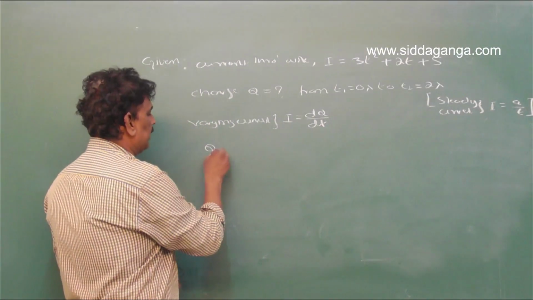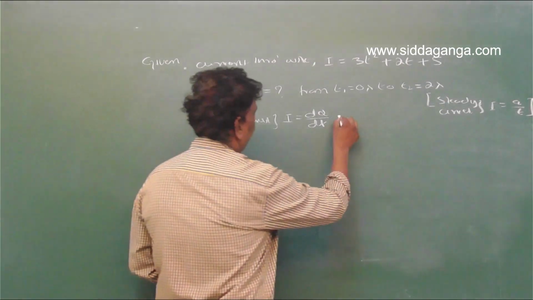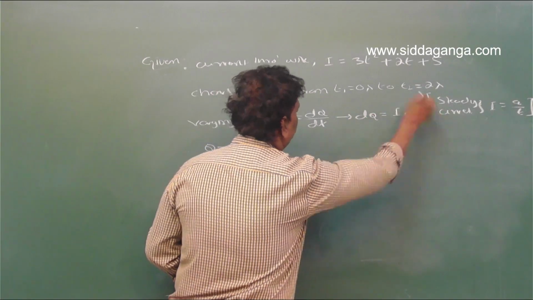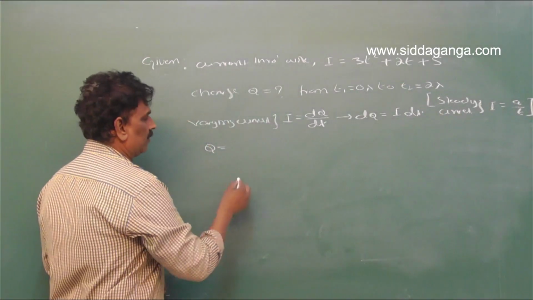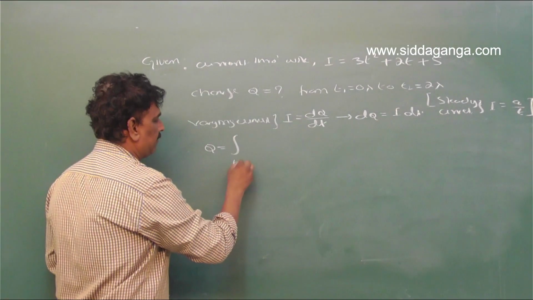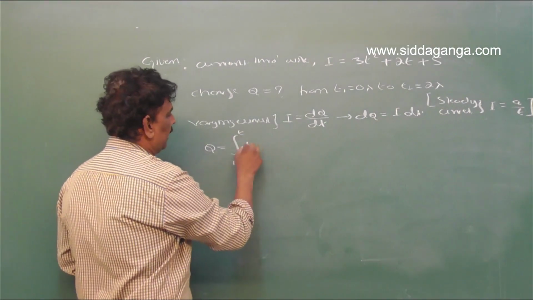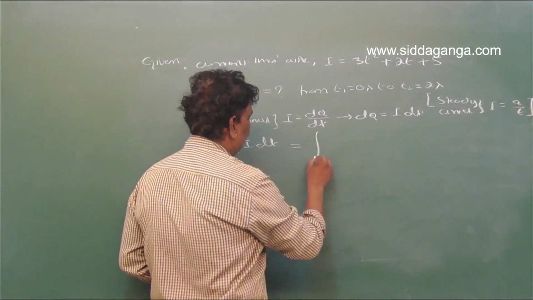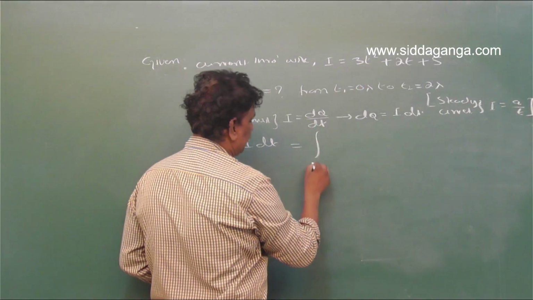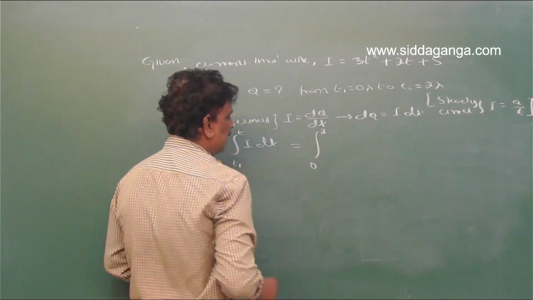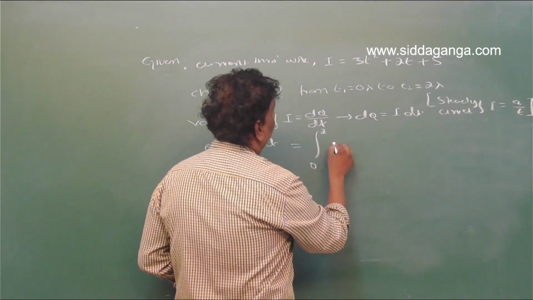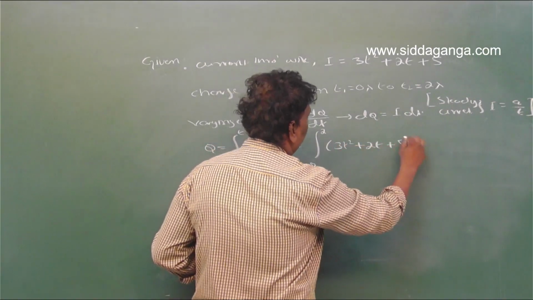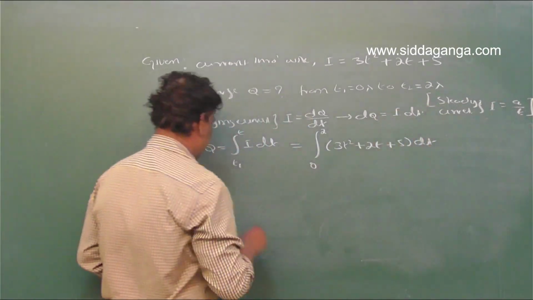Therefore, dq is equal to I into dt, or q is equal to the integral from T1 to T2 of I into dt, that is equal to the integral from 0 to 2 second of 3t square plus 2t plus 5 into dt.